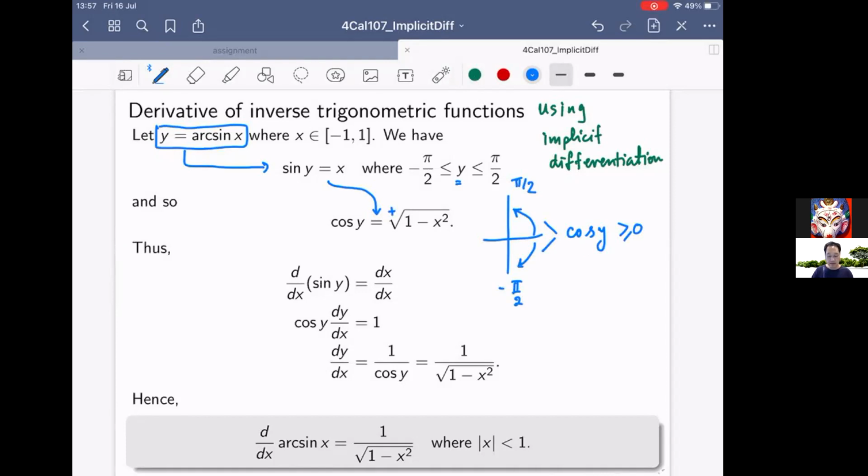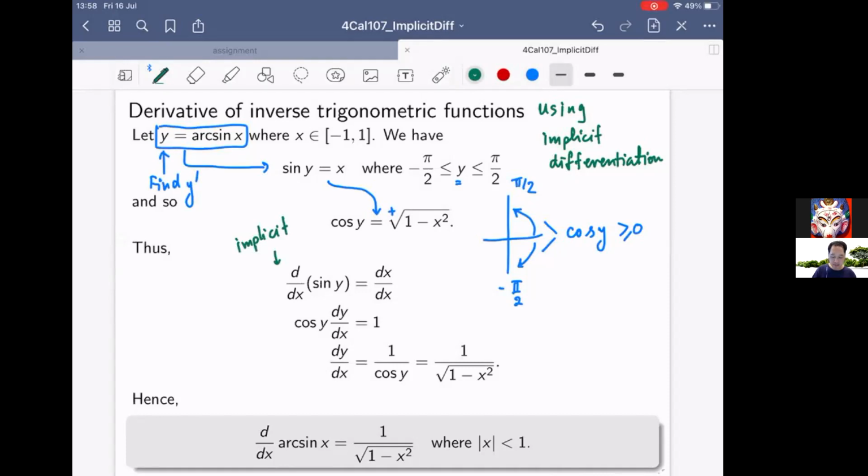Now, if you want to find the derivative, what we need to find is the derivative of y, of this function, which is the arcsine. So we use implicit differentiation, taking the derivative with respect to x on both sides.